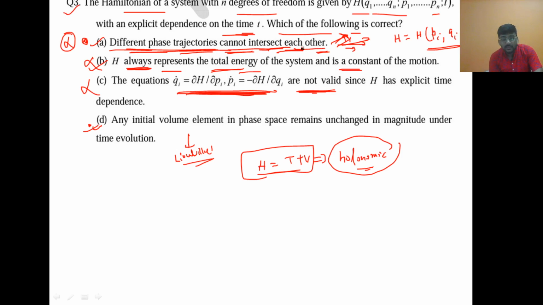Ideally in classical physics we have seen that two trajectories cannot intersect each other, but in the more general case they intersect each other. There are some examples. I am not giving the example here, you will see the examples in the theory part of phase space dynamics, okay, or if you see the phase space trajectories in nonlinear dynamics.